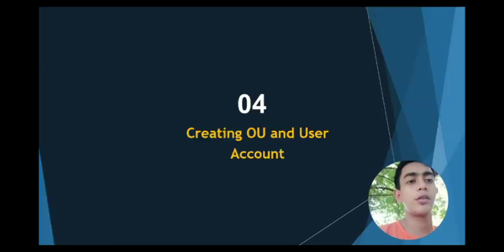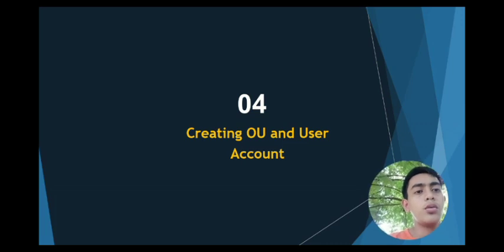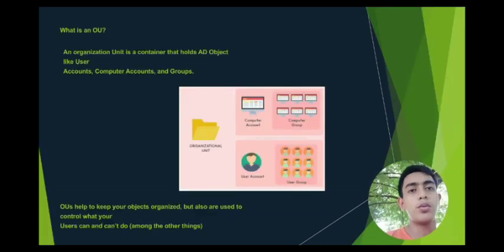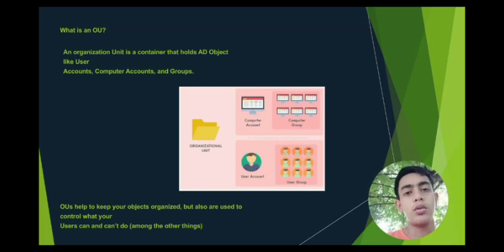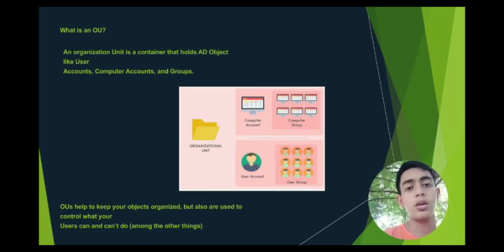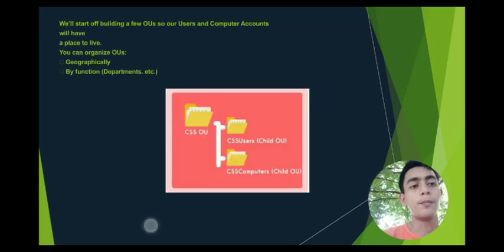So number 4 is creating an OU and user account. So what is an OU? An organizational unit is a container that holds objects like user accounts, computer accounts, and groups. So OUs help to keep your objects organized, but also are used to control what your users can and can't do.